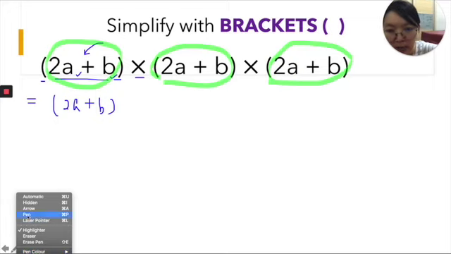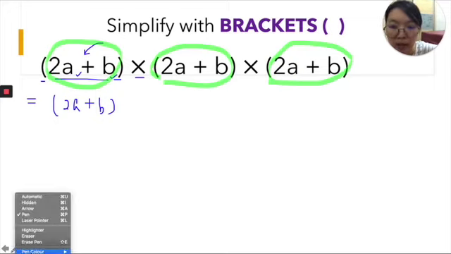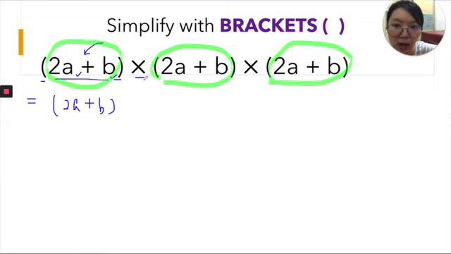After settle the bracket, then we'll look out at the outside. At the outside, I have times. Times, take out the times, merge together. Oh, the same. Repeating for 1 time, repeating for 2 times, repeating for 3 times. So, bracket 2A plus B, cube.